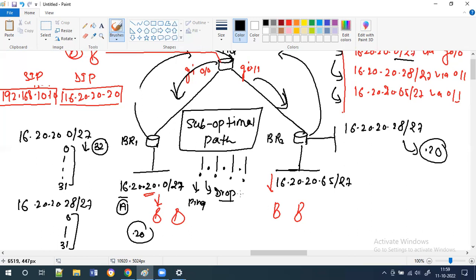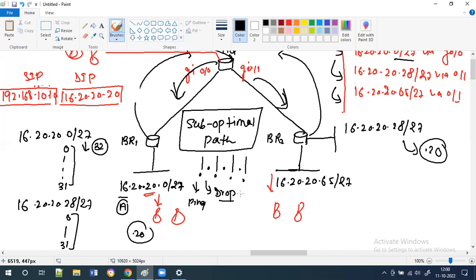Suboptimal path means the same subnet is being used somewhere in the network. That is the problem. The router will get confused about whether to forward to branch 1 or branch 2, because both have the same subnet. If I call someone by a name and multiple people have that same name, then I will get confused about whom I am calling, and that person will also get confused whether he is being called by me or someone else.